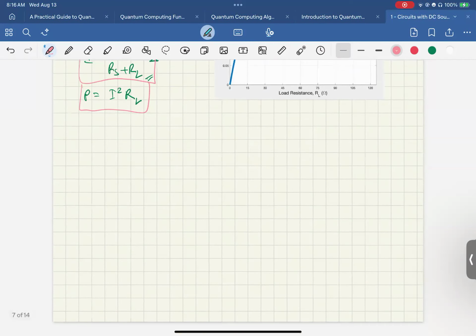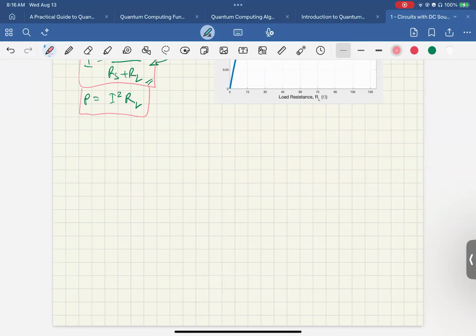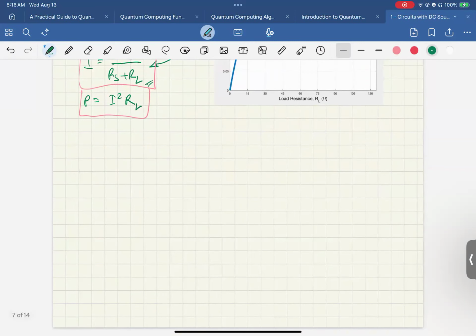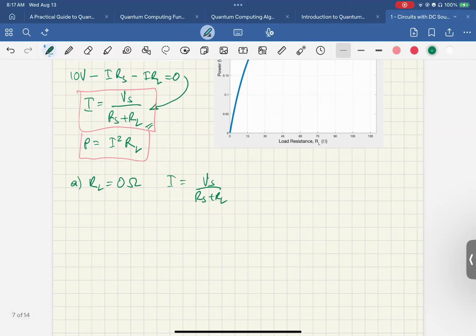Okay, so let's consider this example. So let's say na zero yung load natin. Ang unang case is that when the load is zero, shorted yung load. So yung current ngayon dito is V sub S over R sub S plus RL, di ba? Given by this equation.